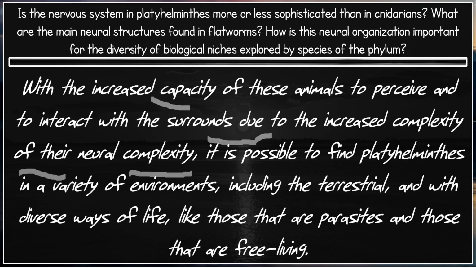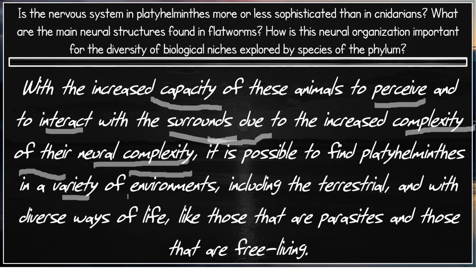With the increased capacity of these animals to perceive and to interact with their surroundings due to the increased neurocomplexity, it is possible to find Platyhelminthes in a variety of environments, including the terrestrial, and with diverse ways of life, like those that are parasites and those that are free living.